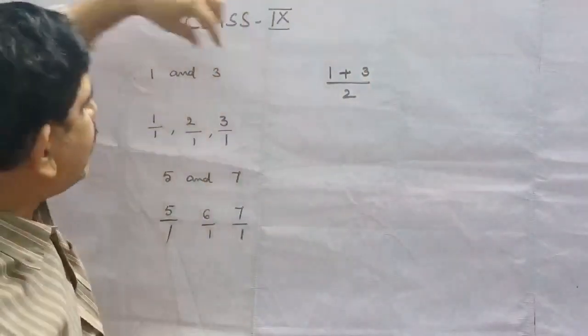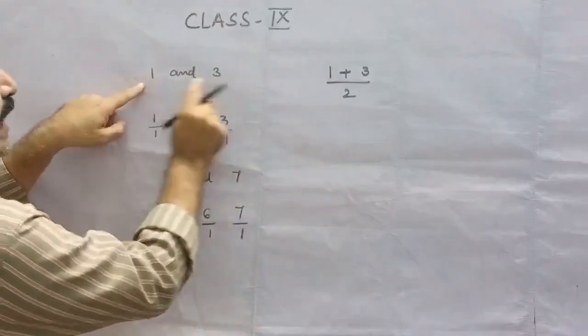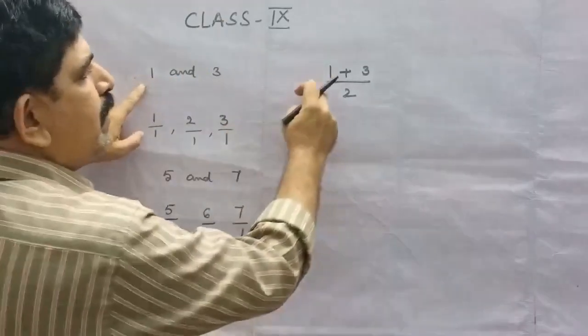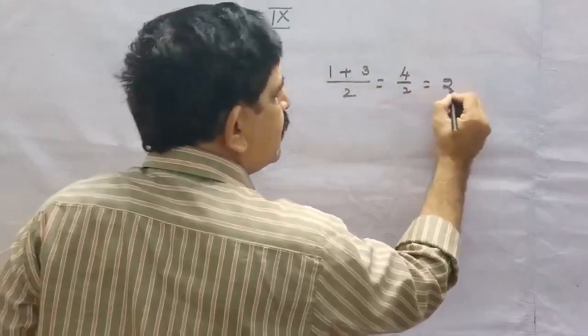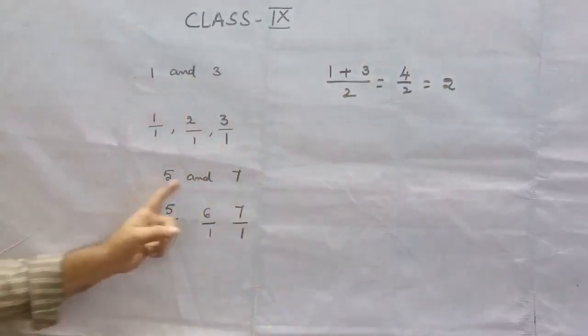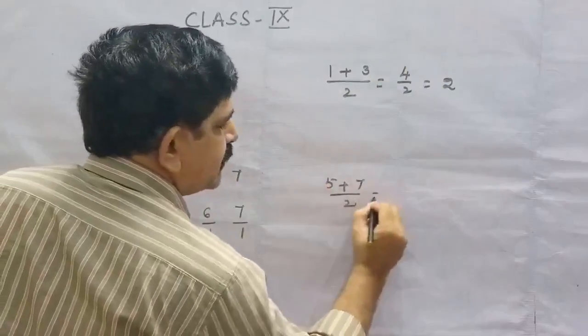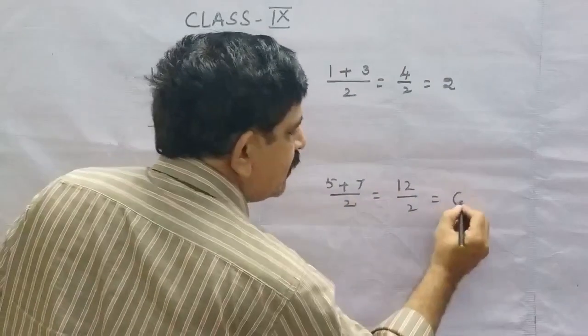Sum of the quantities by number of quantities. The quantities here are 1 and 3, and the number of quantities is 2. So 1 plus 3 by 2 is equal to 4 by 2, which is 2. Next one, 5 and 7: 5 plus 7 by 2, that is 12 by 2, which is equal to 6.